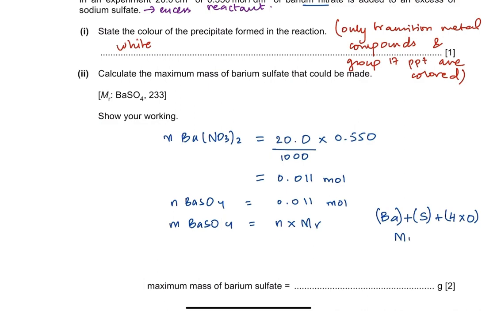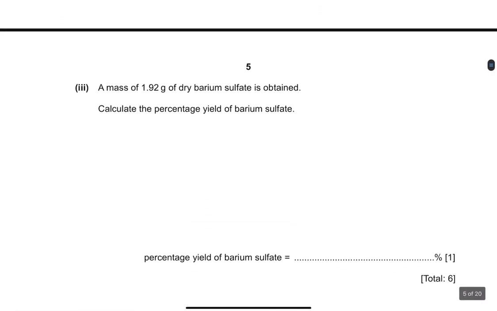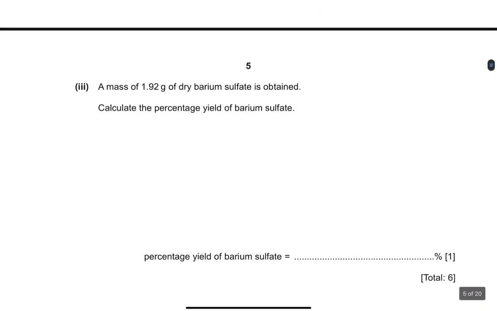When I find the molecular mass, it turns out to be 233. So 0.011 times 233 gets me the answer, which is 2.56 grams. 1.92 grams of barium sulfate is obtained.